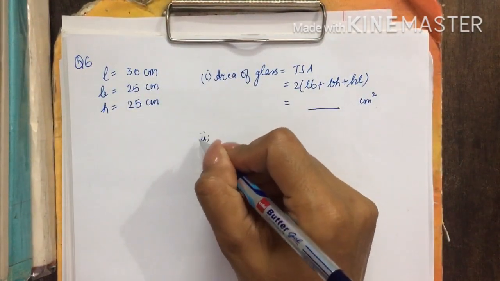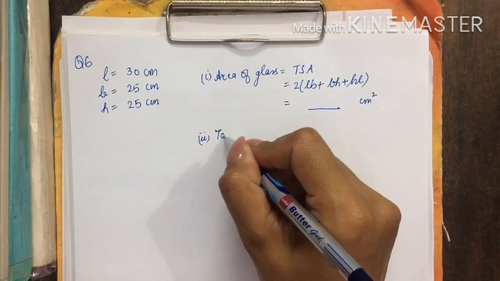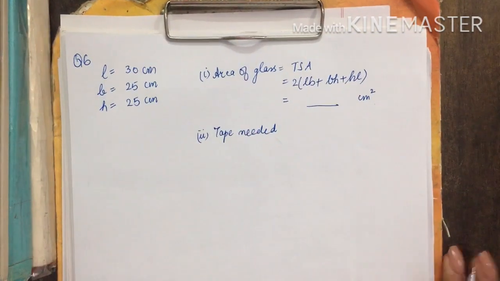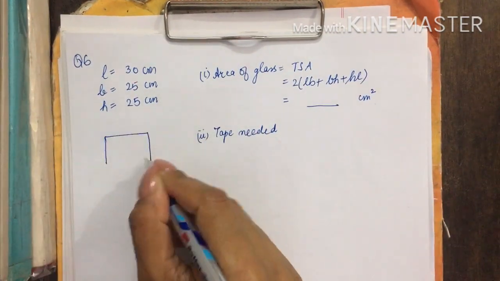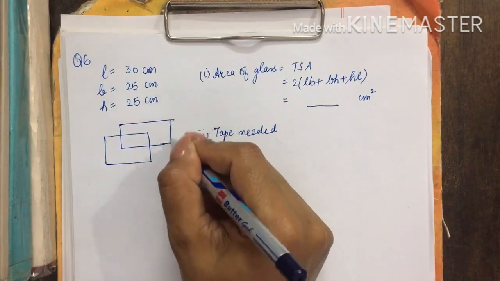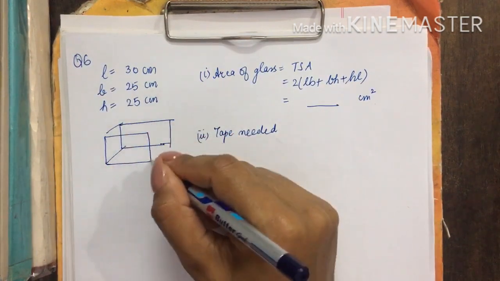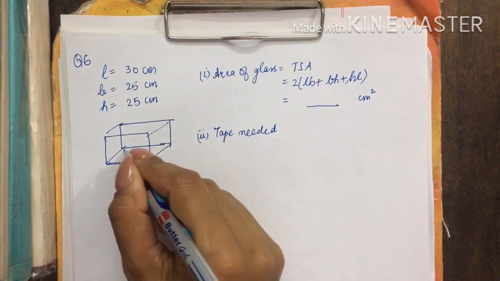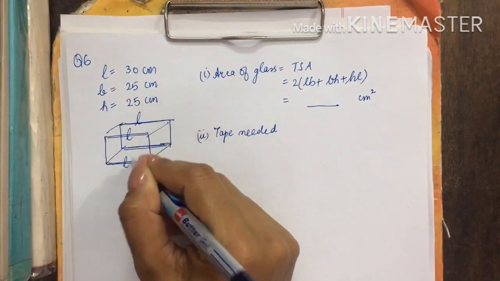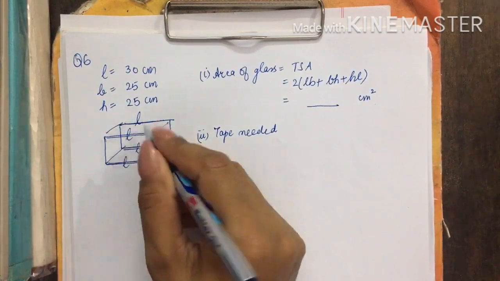In the second part, you have to find out the tape needed. So the length of the tape needed to hold together the glass panes. So if this is your herbarium, the tape has been used along the lengths, breadths, and the heights. So all the horizontal line segments, they represent the lengths. So the tape has been used over here along the horizontal line segments.